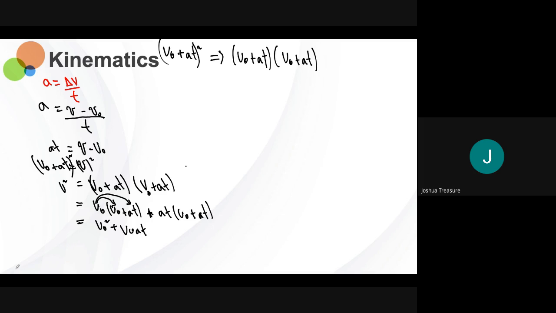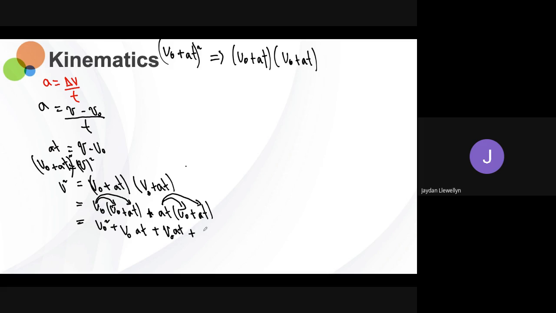Let me fix that quickly. What would you get next over here? We're working with this. Multiply that by that. How would you get? Same thing, V0 AT. And what else?